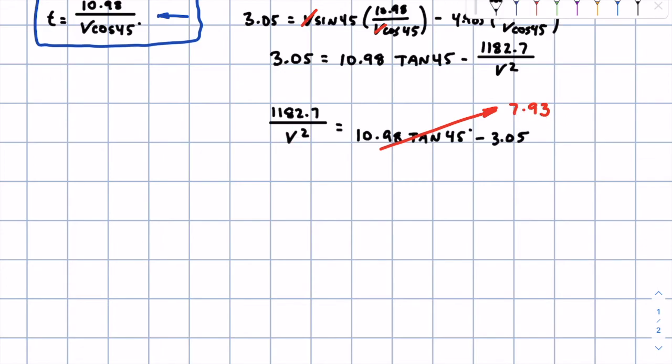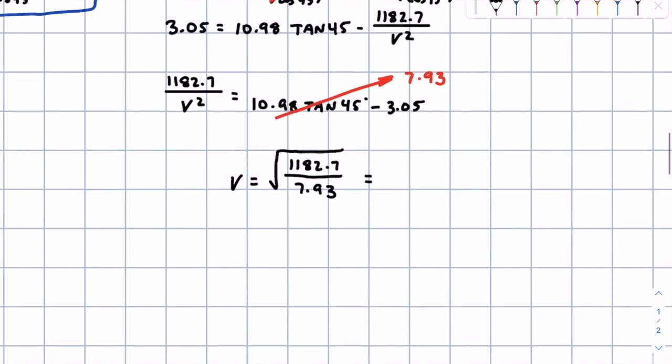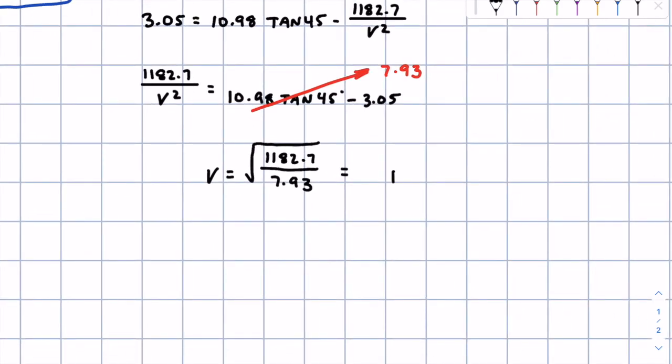And then solving for v, I'm going to multiply the v over here, divide by the 7.93 over here, take the square root of that, and I get v is equal to the square root of 1182.7 divided by 7.93, and that gives us a minimum velocity of 12.2 meters per second.